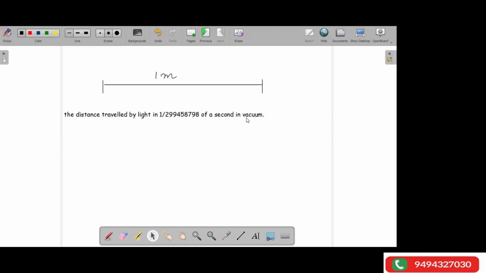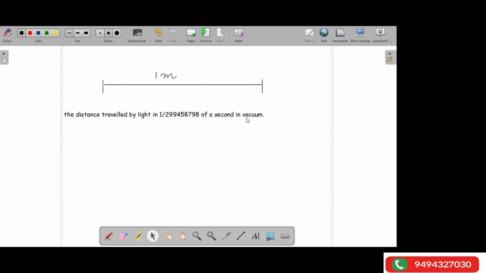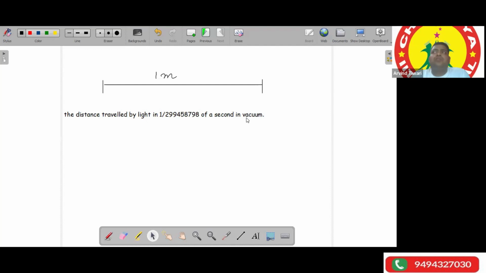Yes, because solids expand. So it will not give you an accurate measure, right? So we cannot declare that meter stick to be a standard. The meter stick cannot be declared a standard because it is not fixed. It will keep on changing.